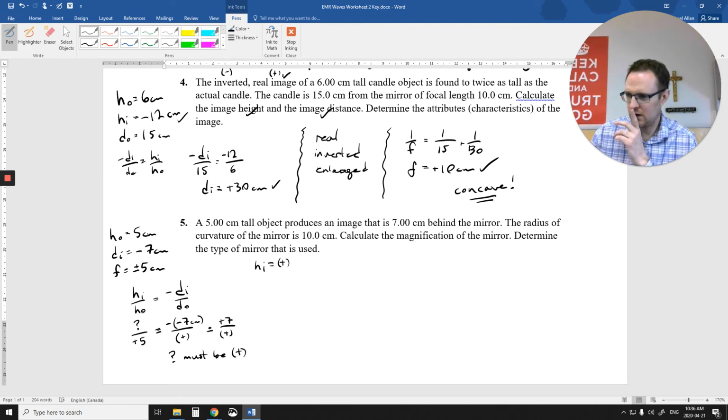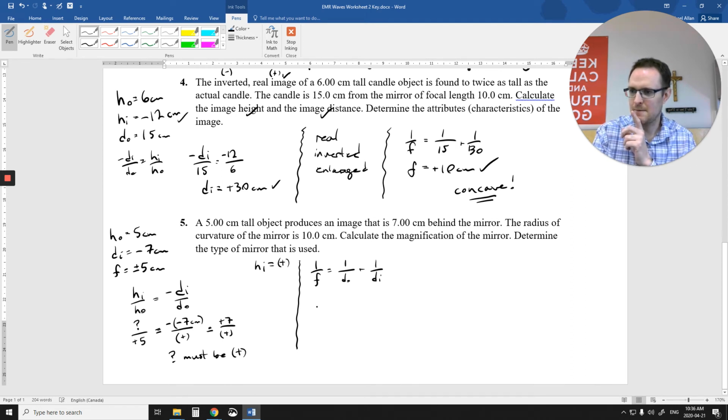So let's go through some of the math here to figure out, do we know the focal length? Is it positive or negative? So we know this much so far, so I'm just going to cross that off for now. I'm going to look at the other equation and think of this logically too. So we know our DI, but we don't know our DO. I'm just going to put the two equations in there.